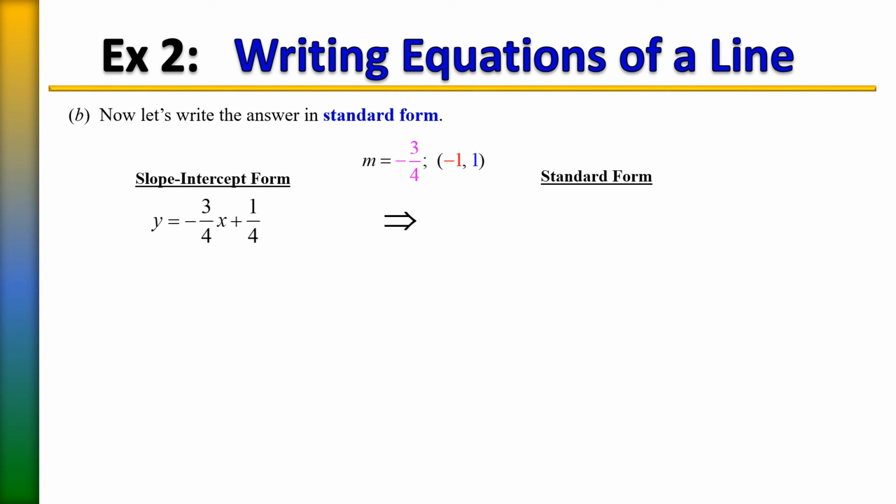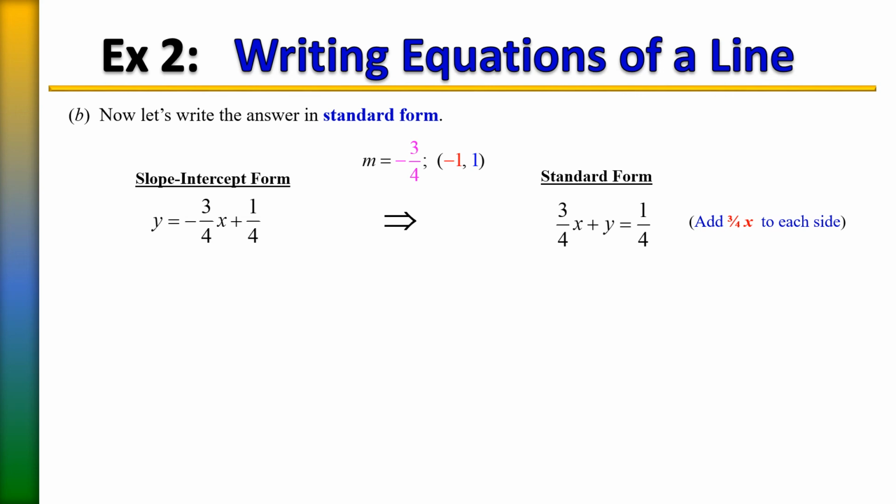And to do that, I'm going to have to add 3/4 x to each side. Now, even though it looks like it is in standard form, it is not the correct form of standard form because the coefficient of x cannot be a fraction or a negative. So we have a fraction here.